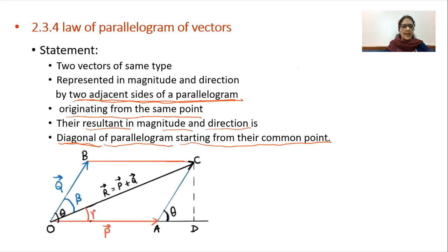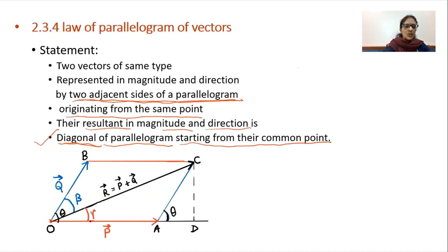We will see the diagram. So this red vector which is shown, it is P bar, that is OA, and OB is the second vector, means both the vectors are originating from same point, that is O. So if such two vectors are represented in magnitude and direction by two sides of parallelogram from same point O, then their resultant is, as shown here, diagonal of parallelogram which is starting from their common point.